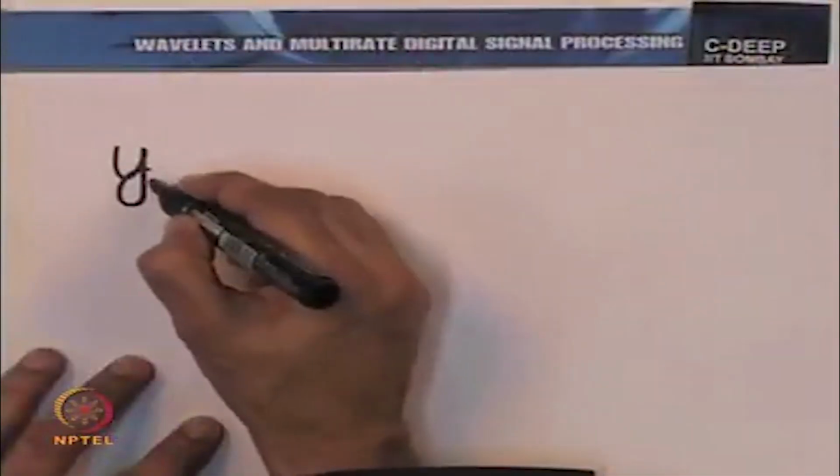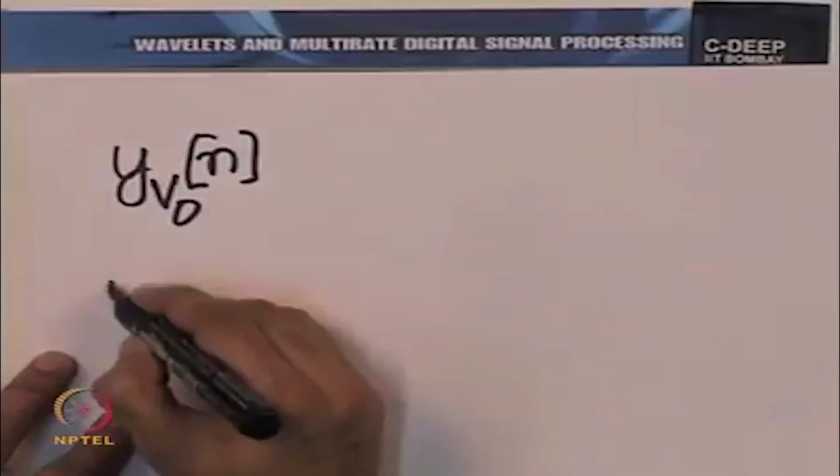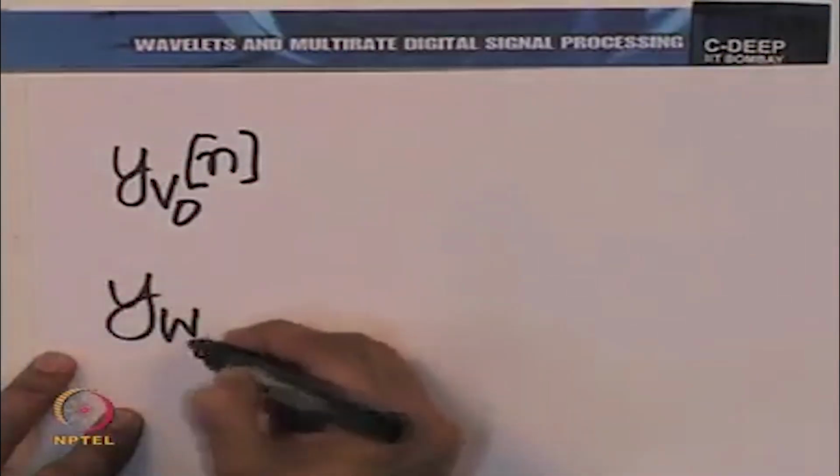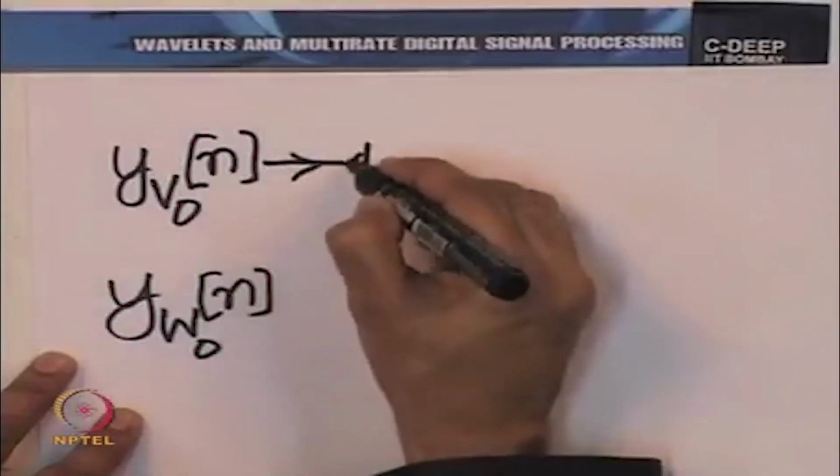How do we express this in the language of discrete time signal processing in the Z domain? Well, let us draw the diagram first. So, what we are saying is this: I have the sequence corresponding to V0, y V0 n, and I have the sequence corresponding to W0, y W0 n. I have upsampled them.